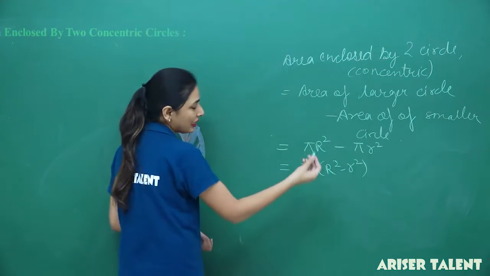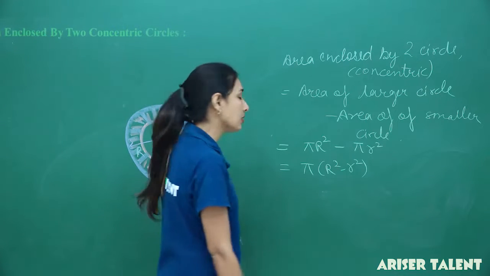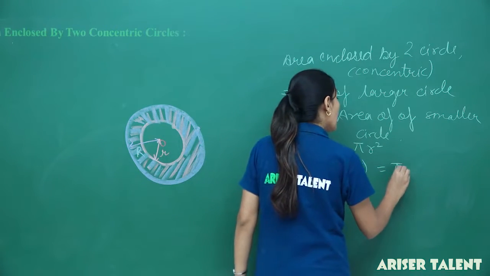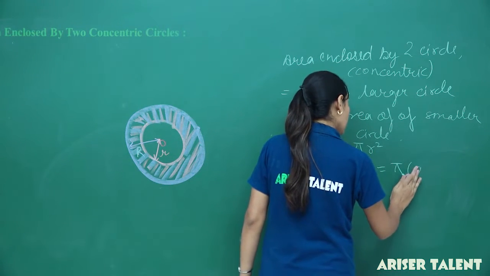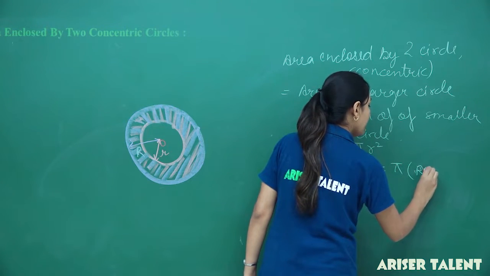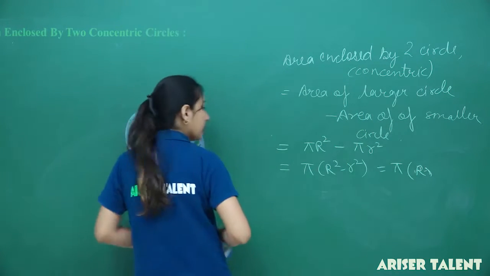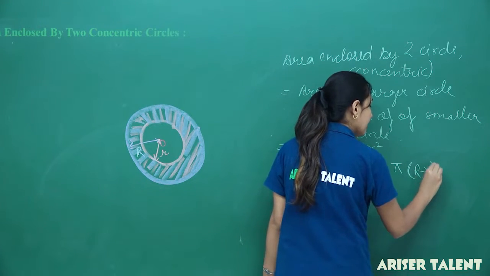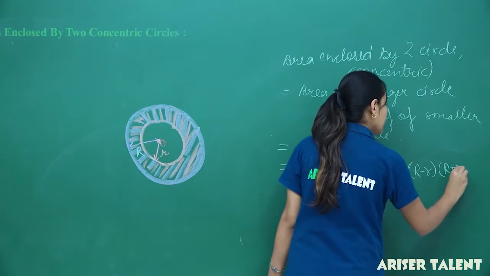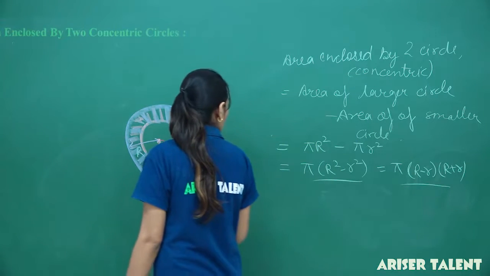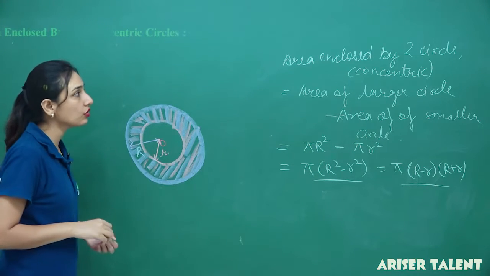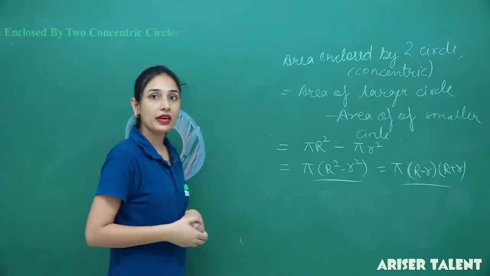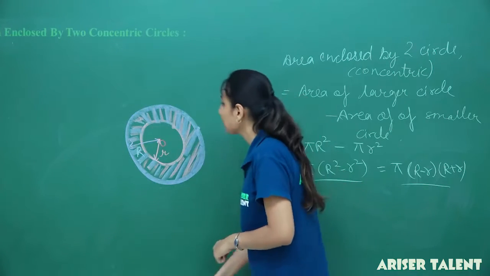Now, if I expand it like a squared minus b squared, you can also write it as pi, capital R minus r, I should rewrite it. So it will be pi times R minus r and R plus r. So any of that particular format I can use to find the area enclosed by the circles, understand it.